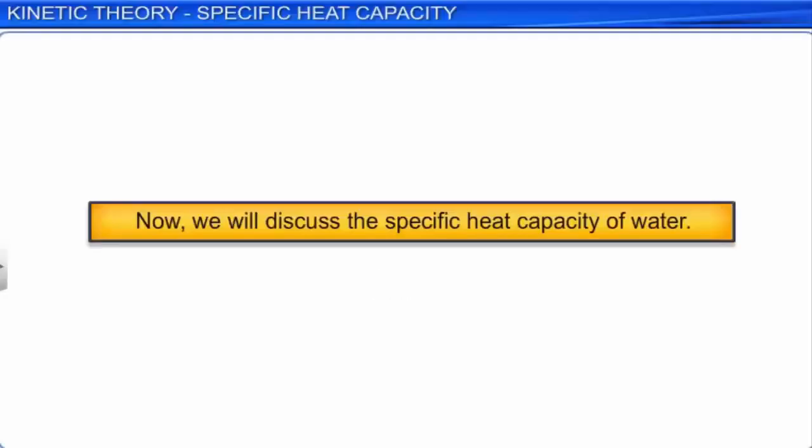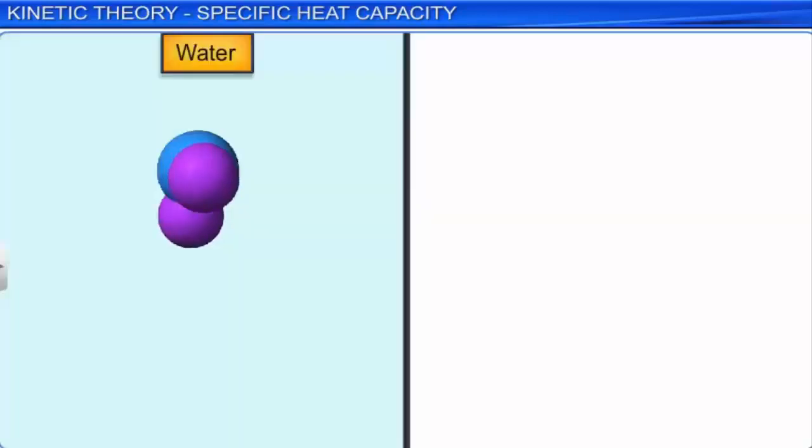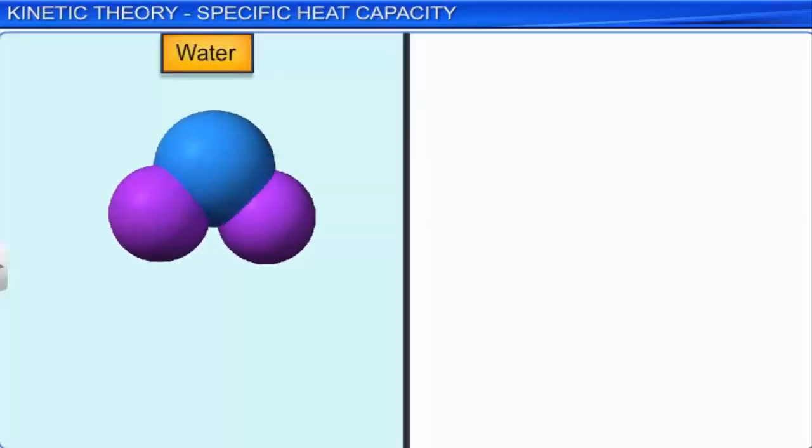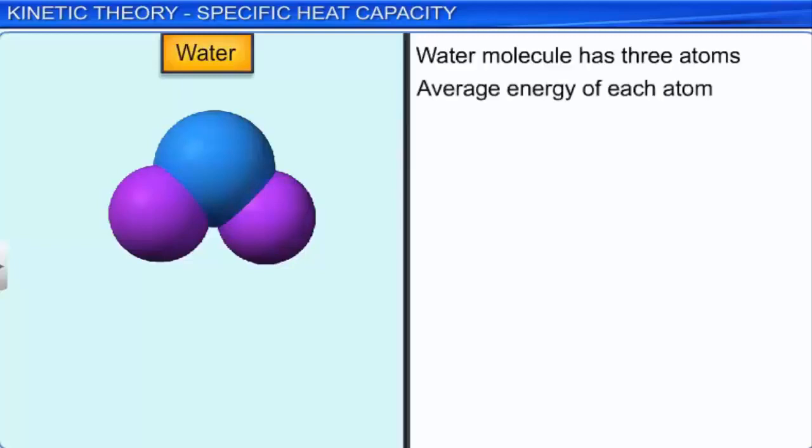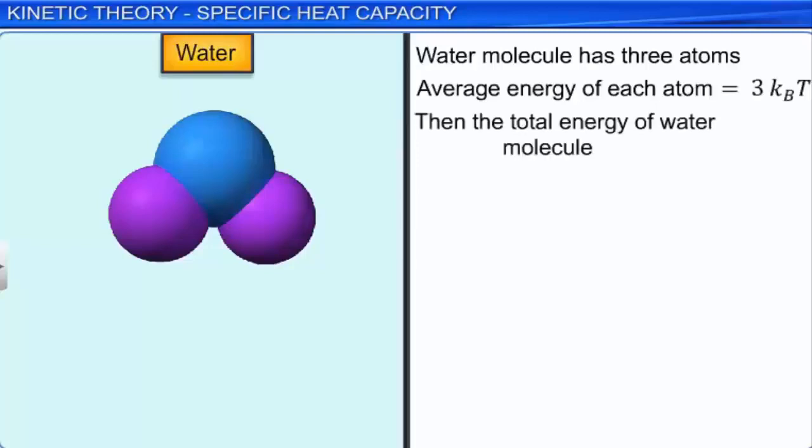Now, we will discuss the specific heat capacity of water. To calculate the specific heat capacity of water, we will treat water as a solid. A water molecule has 3 atoms, and every atom has an average energy of 3 kBT. The total energy of the water molecule is equal to 9 kBT.